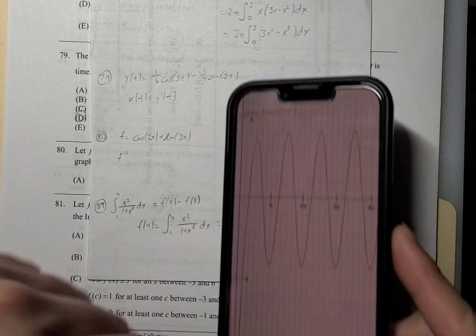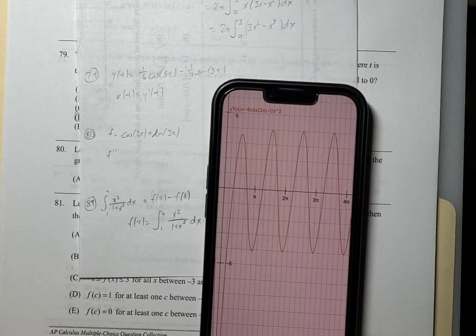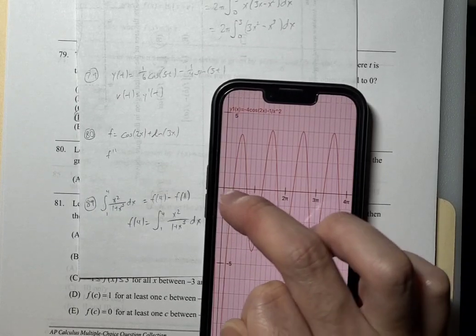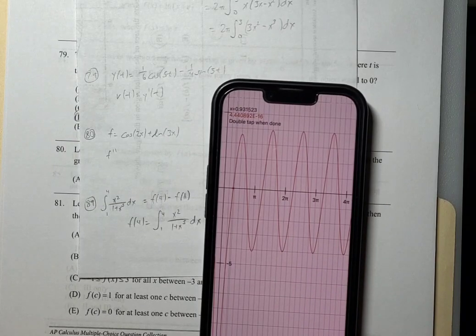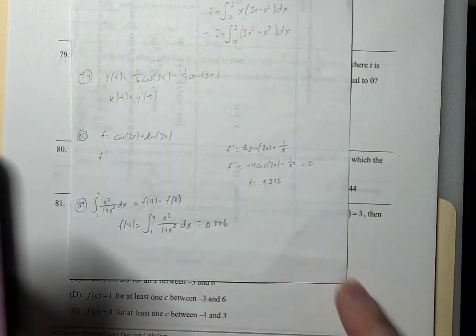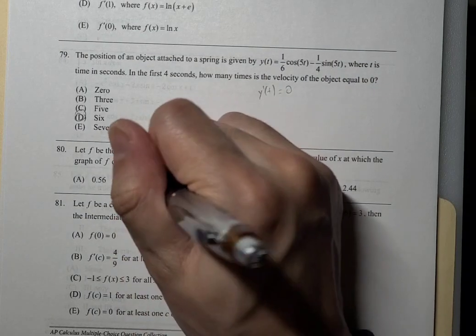So this is how it looks. We're interested in when f changes concavity, so that's when the second derivative changes sign. And the first one to do it is 0.931523. That's what I wrote there, and that is B.